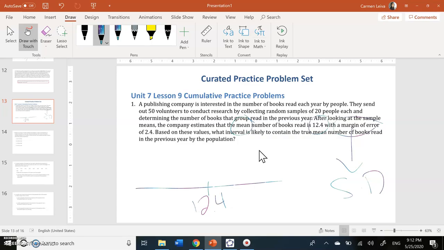The margin of error is 2.4, but to make sure, we're going to use the number they give you. So, 12.4 plus 2.4, that will be 14.8. And the other one will be 10. So there you go. That's it.